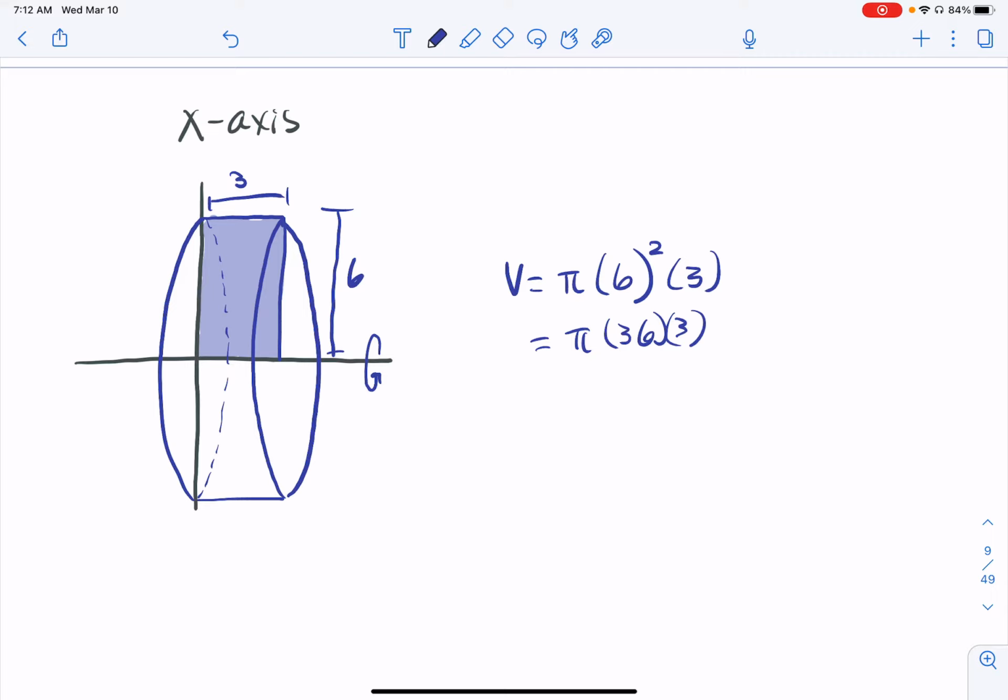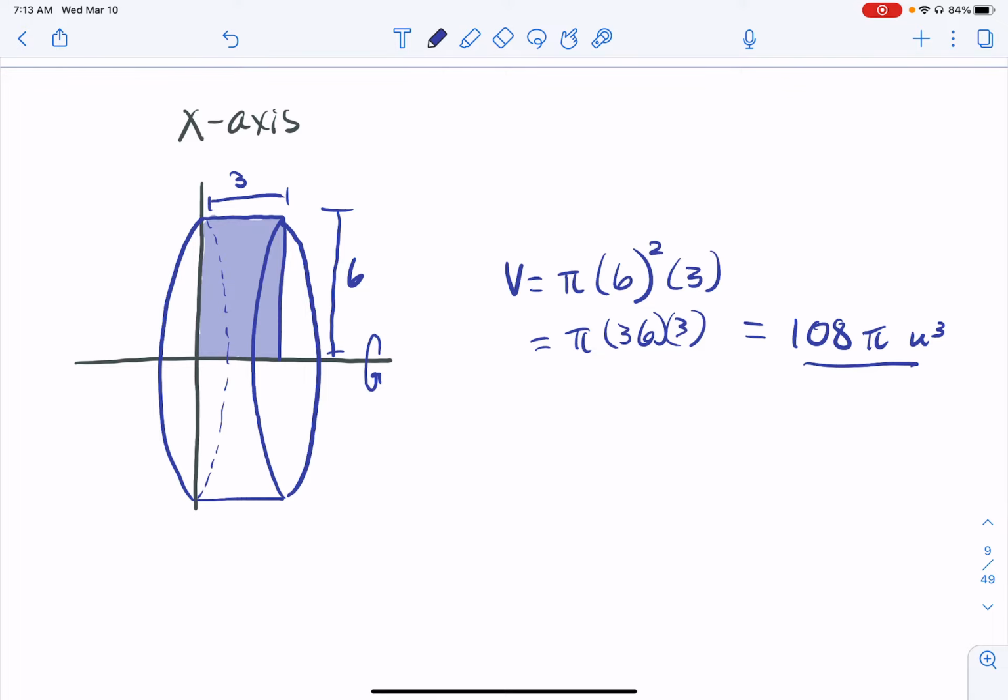That'd be 90 plus 18. That's 108. Throw some pi, throw a units cubed on there. Make your geometry teacher happy. There you go. You've got yourself the x-axis rotation. A solid of revolution makes a cylinder. This is what we call the disk method, basically.